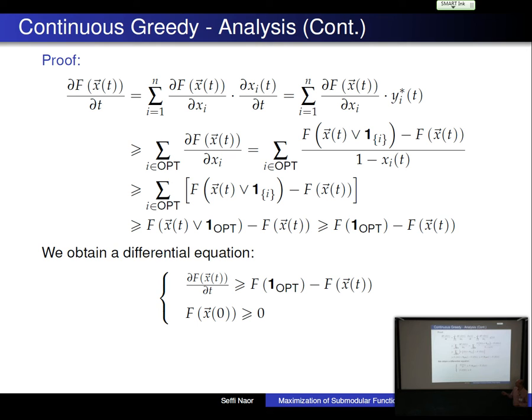Again, by submodularity, this is better than taking f over the whole vector. And the point is that this lower bound gives us a differential equation, and the solution is exactly the relation that I showed you before. So this is the whole continuous proof for this algorithm.